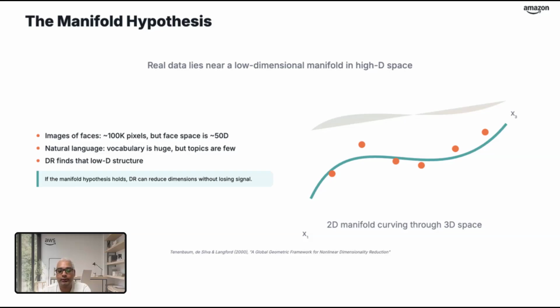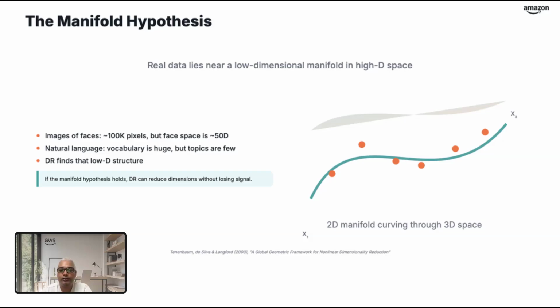So although this two-dimensional surface is present in the 3D space, the dimensionality of the manifold itself is not three-dimensional. It is effectively 2D.